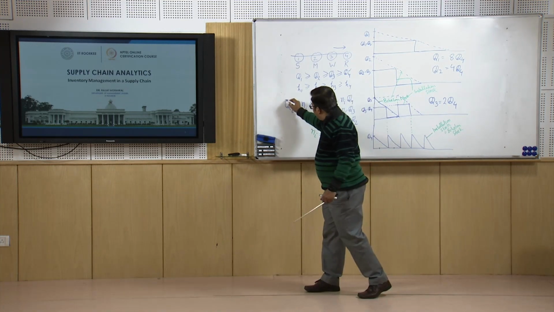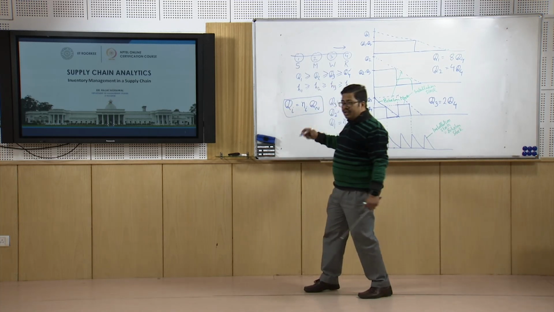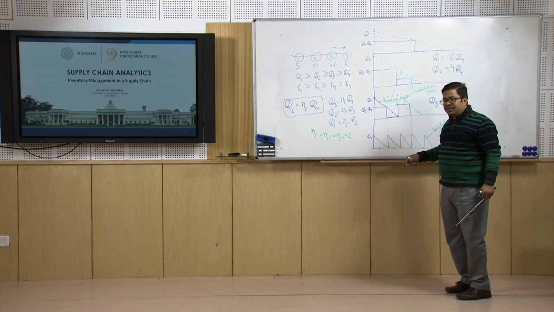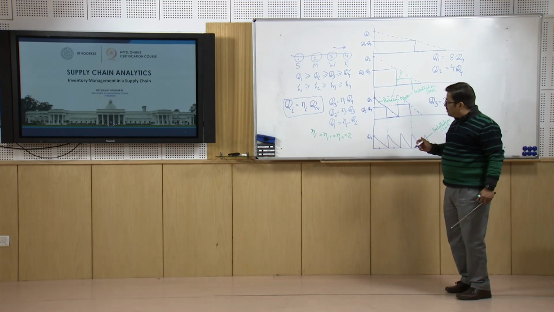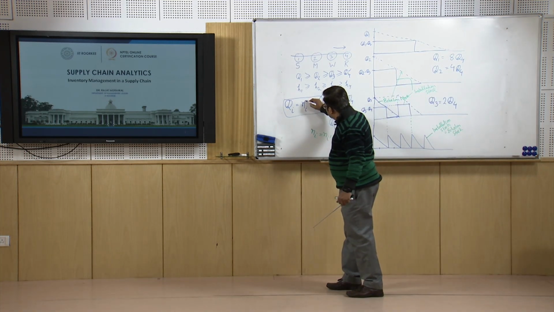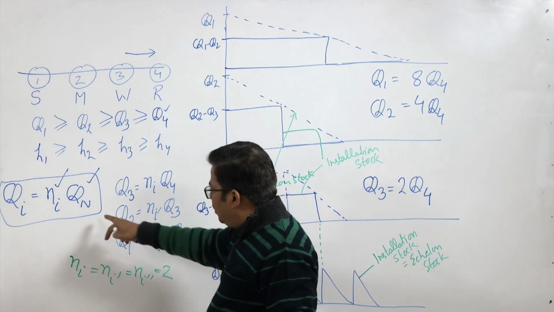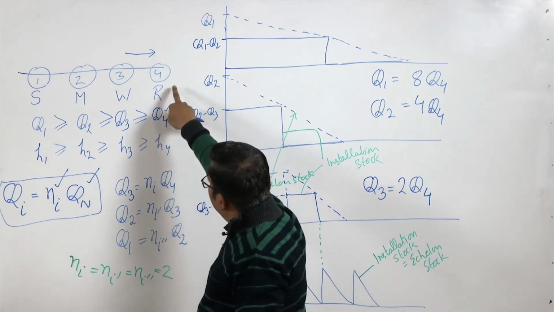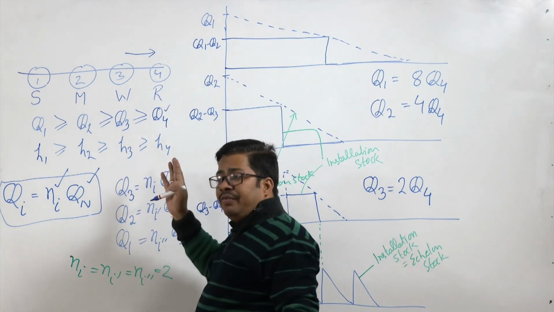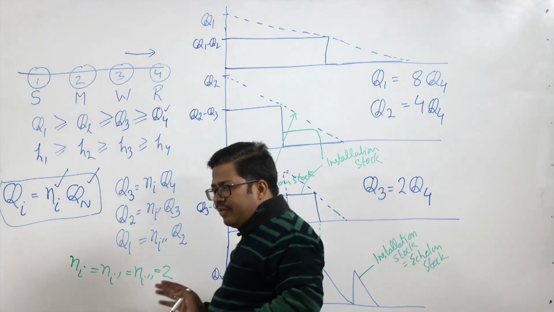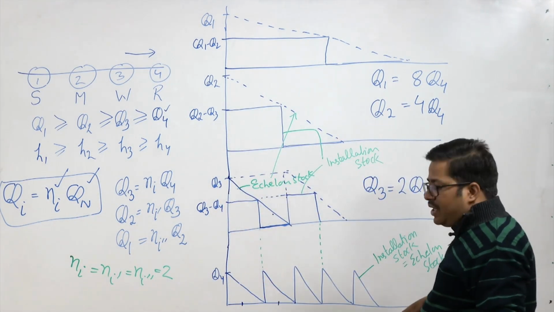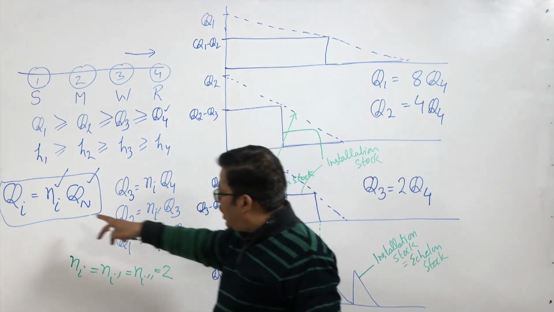So this is very important, that when we are going to develop the multi-echelon inventory system, we will be determining these two things only. We will determine the value of Qn, the value which is required at the last stage, and then for the subsequent stages, for the sake of simplicity, we have assumed that all Ni's are 2.